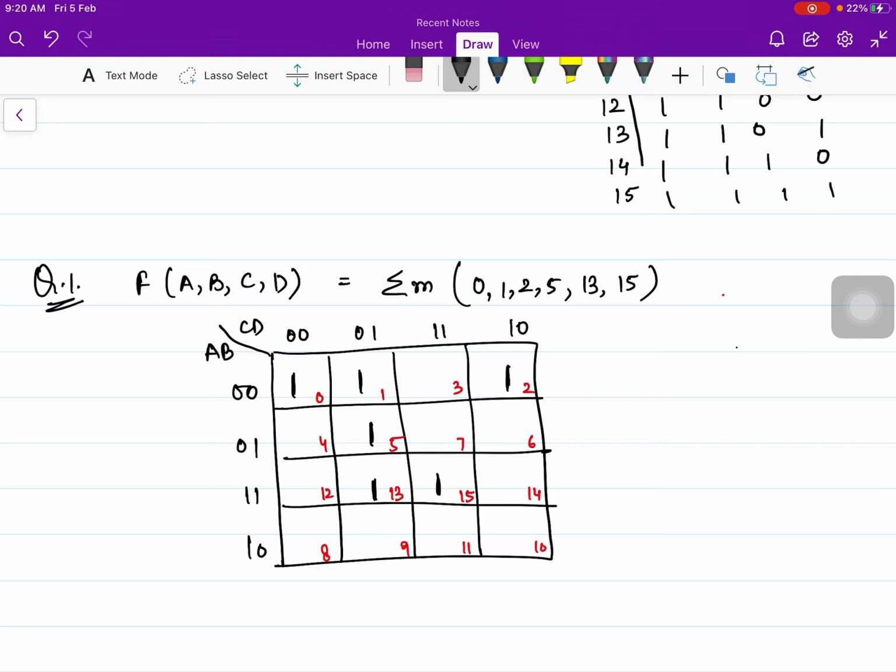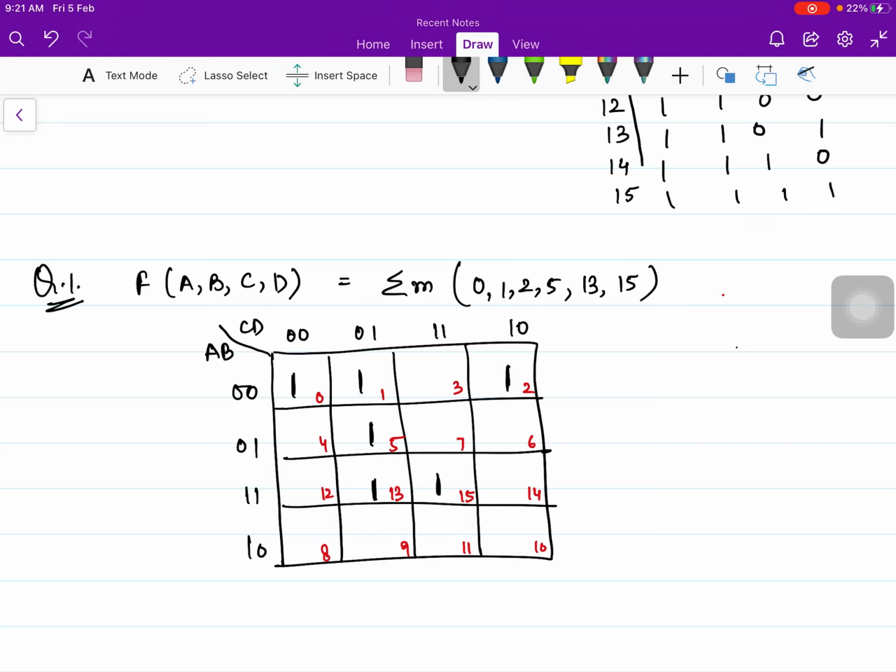Then we will search for a group of 8, not 10, not 12, not 14. We will directly go from 2 raised to the power 4 to 2 raised to the power 3, that is, we will search for a group of 8, which also we cannot find here. Then after 2 raised to the power 3, we will move on to 2 raised to the power 2. That means we will search for a group of 4.